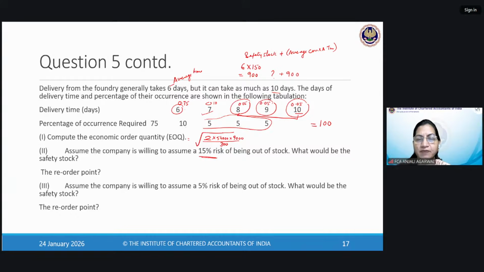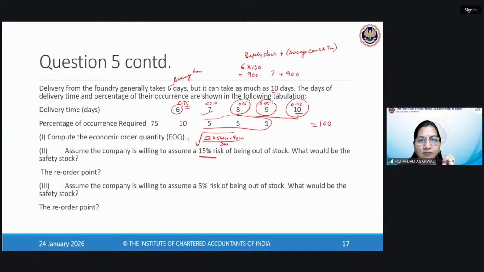The delivery time may vary 6, 7, 8, 9, 10. So if you don't prepare for any extra days in delivery and assume 6, that means you'll keep a 0 safety stock and you will keep the reorder level at 900, which means you are prepared for 75% of the circumstances and you are taking 25% risk.